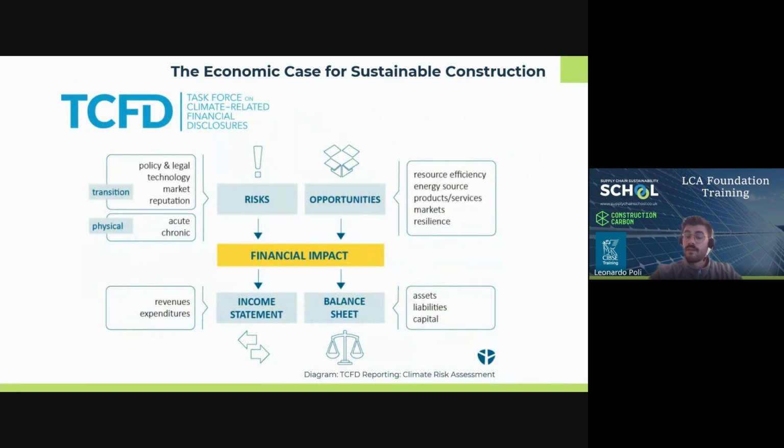The Financial Stability Board, or FSB, is an international body that monitors and makes recommendations about the stability of the global financial system. The FSB is essentially a club of the world's central banks. This includes the Bank of England, Bank of France, the US Federal Reserve, and it promotes international financial stability.